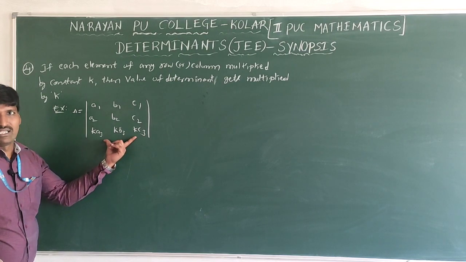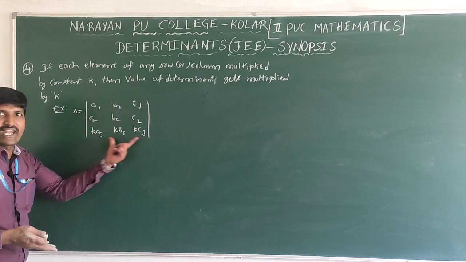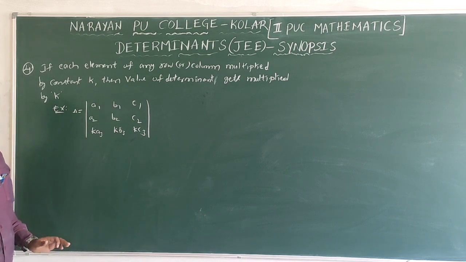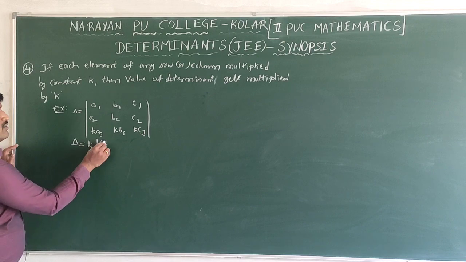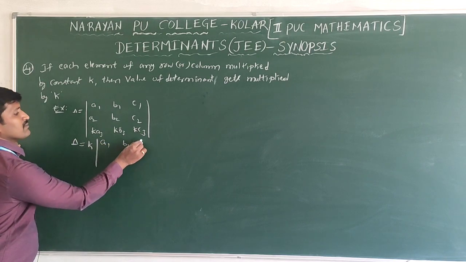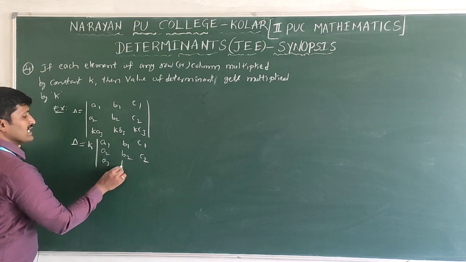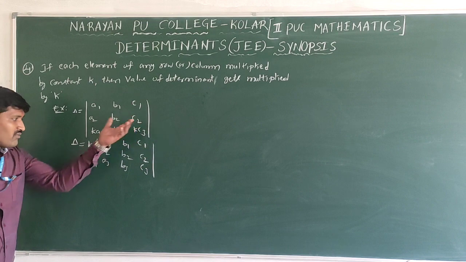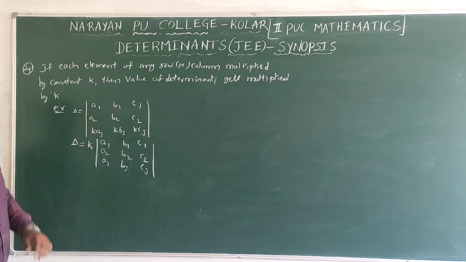Along row 3. Now in row 3, k is a common multiple. We can take that out, then the value of the determinant gets multiplied by the constant k. Delta equals k times the determinant A1, B1, C1, A2, B2, C2, A3, B3, C3. If you expand this, the total value gets multiplied by constant k.